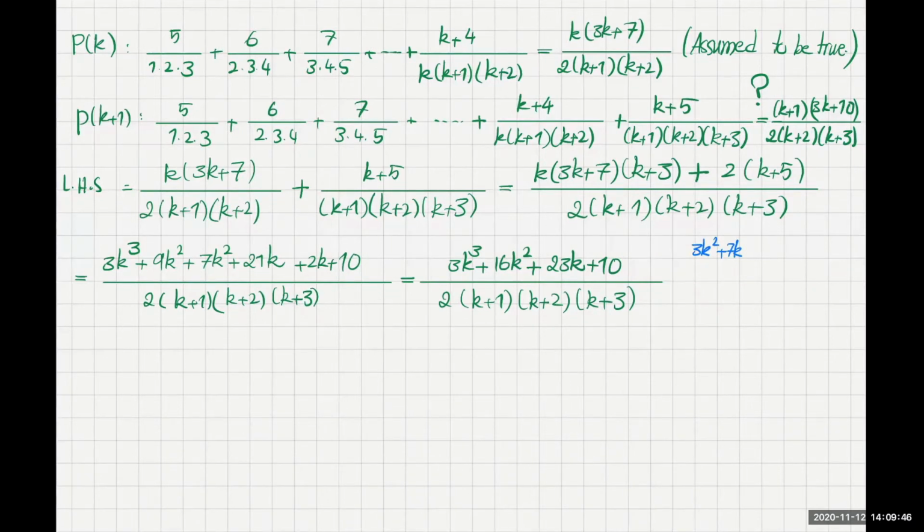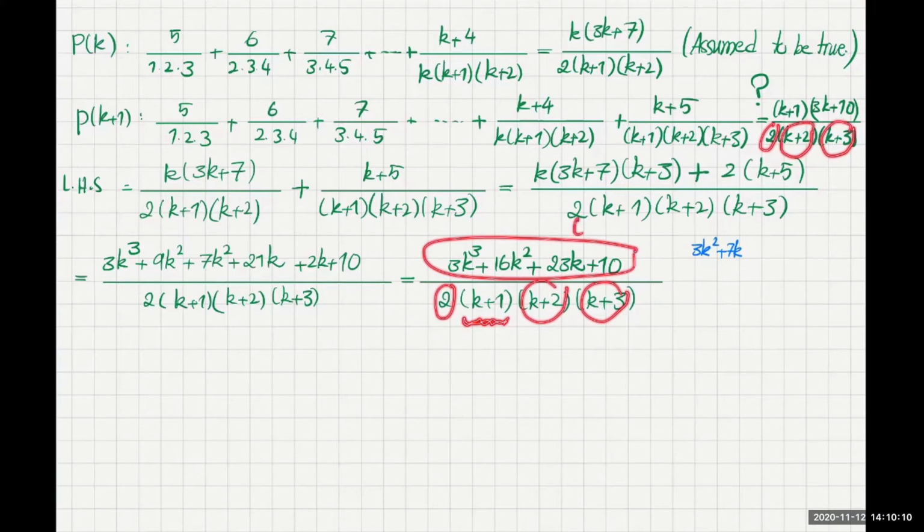So you see, this is supposed to be equal to this expression. Okay, so 2 and 2 are the same, k plus 2 and k plus 2, k plus 3 and k plus 3. So it means that I need to get rid of this k plus 1. But if this has only one factor of k plus 1, that factor and this factor are totally gone.